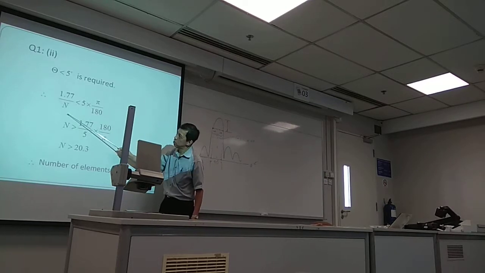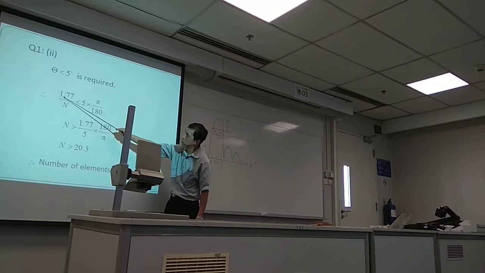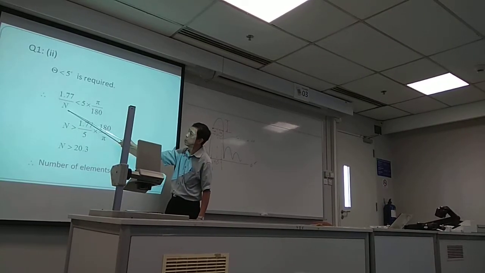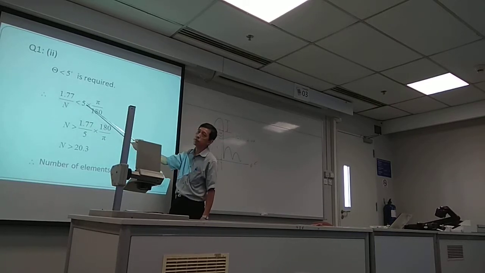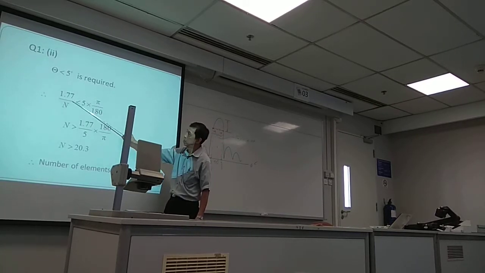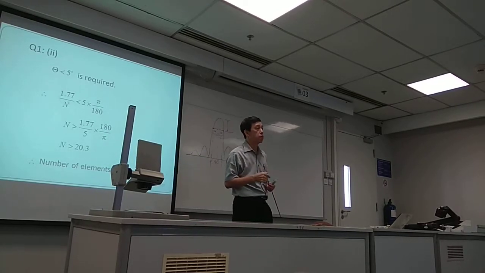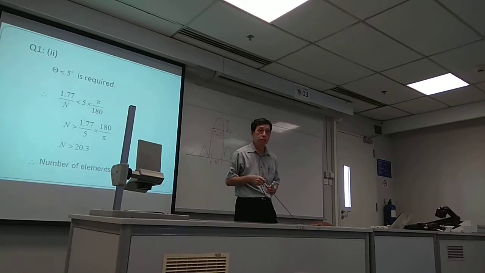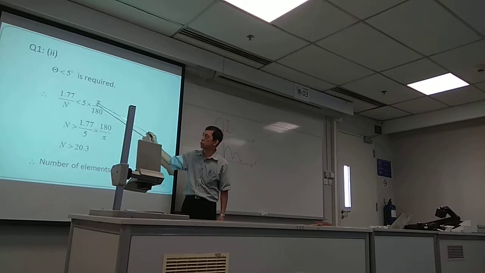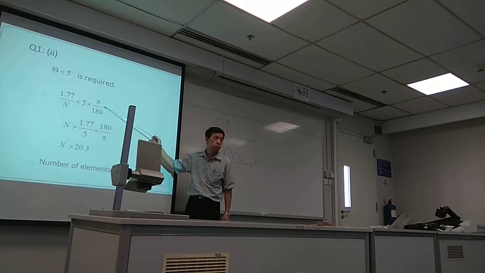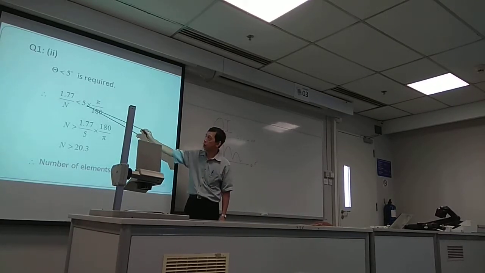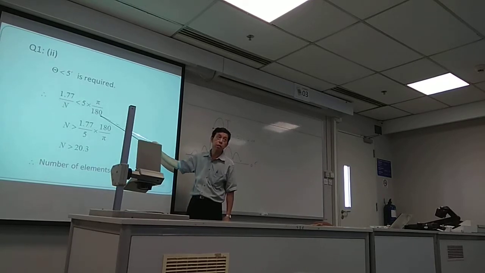So the expression has been derived, and that is 1.77 divided by n. It has to be less than 5 degrees. But bear in mind that this expression gives you the beam width in terms of radian, right? So 5 degrees therefore needs to be converted into radian. That's why 5 times pi by 180.